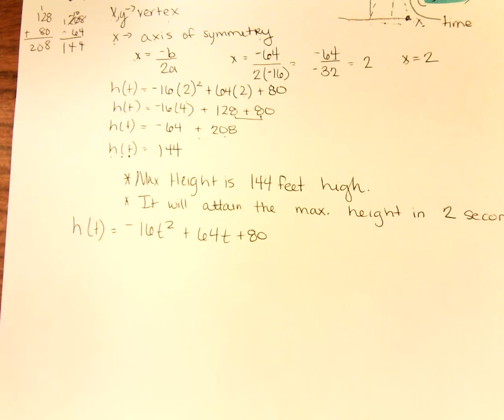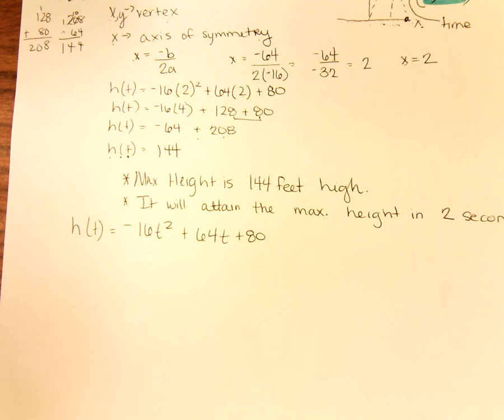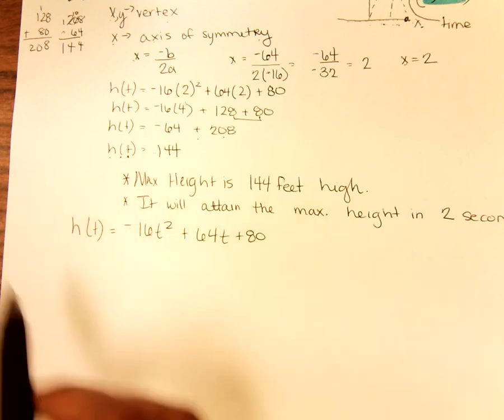Okay, so now that we have this problem rewritten, to factor this out, you could either play the X games, you could make a T-chart, you could do whatever. But before you start to factor, go ahead and pull out that greatest common factor. And in the case of negative 16, 64, and 80, the greatest common factor is 16. However, because I have a negative 16, I'm going to pull out the negative with it.